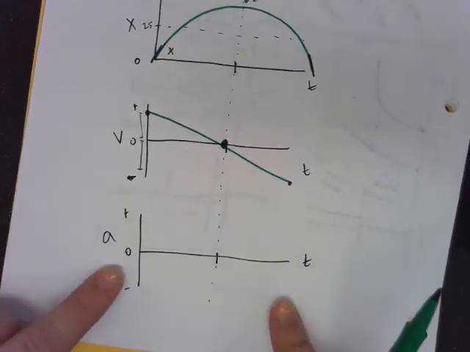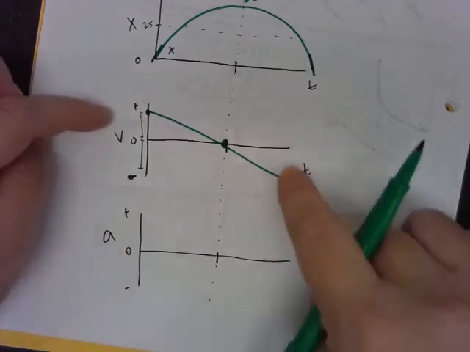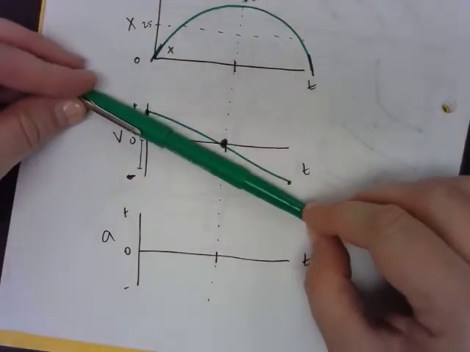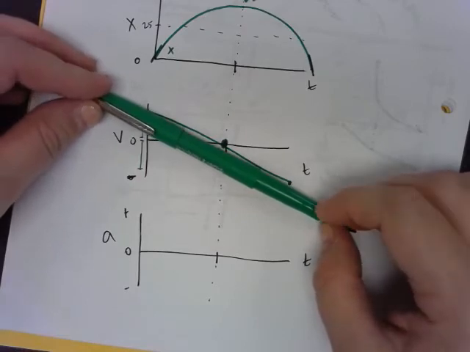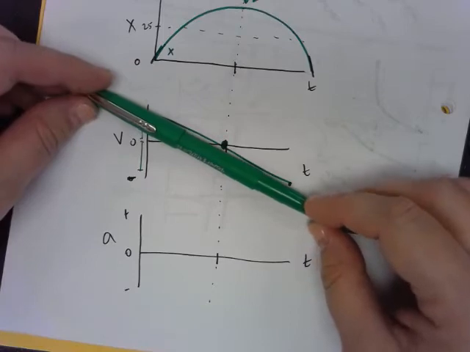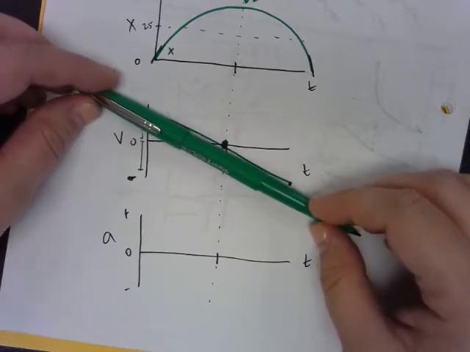Then, if we want to figure out what our acceleration is, we need to remember that our acceleration is the slope of our velocity versus time graph. It's the way that our velocity changes with time. Do you guys see how our velocity versus time graph has a constant slope, even though for part of it, it has positive values and part of it has negative values? But the slope is constant. Is the slope positive or negative, guys?